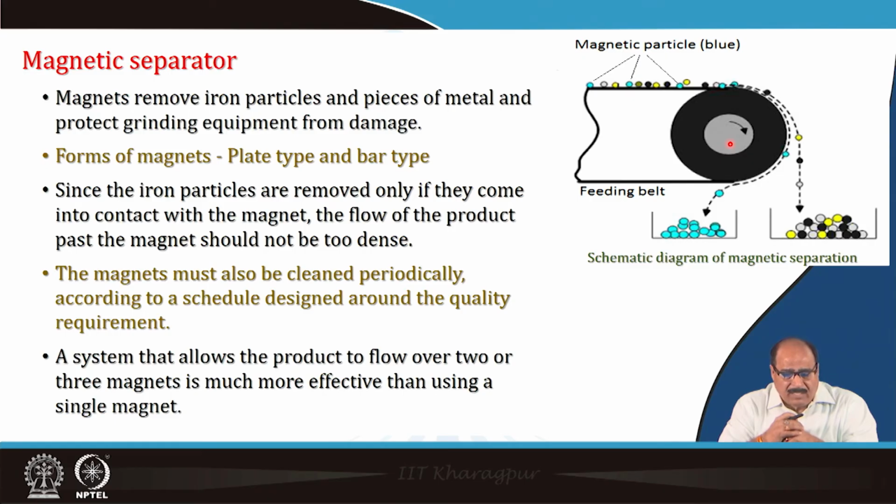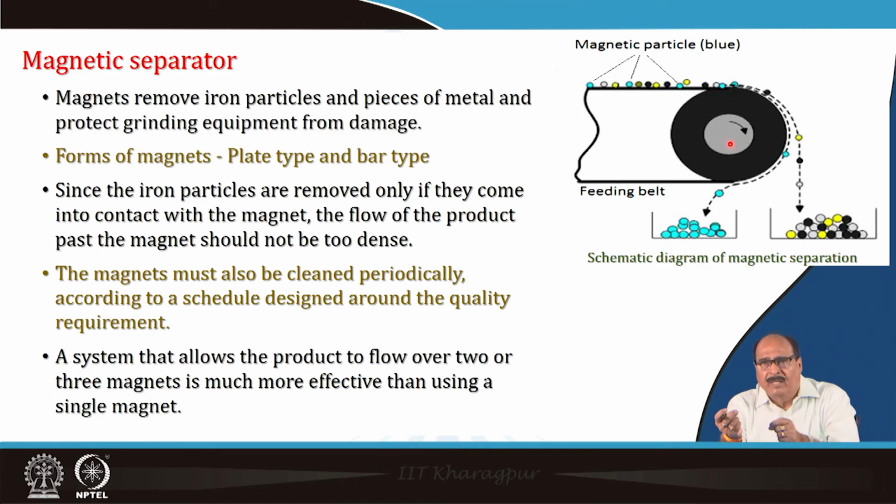The magnets must also be cleaned periodically according to a schedule designed around the quality requirement. A system that allows the product to flow over 2 or 3 magnets is much more effective than using a single magnet. So, multiple magnets may be placed.